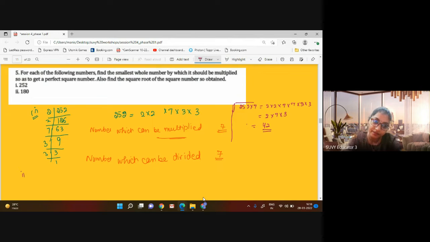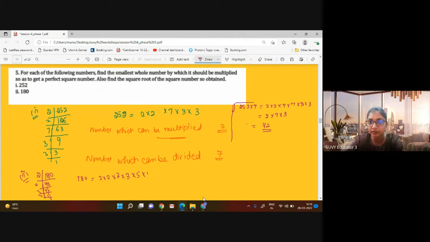In the same way, for the second part, you are having 180. So 180 prime factorization, we can write as 90, 2, 45, 3, 15, 3, 5. It means 180 is equal to 2 into 2 into 3 into 3 into 5 into nothing. Right?